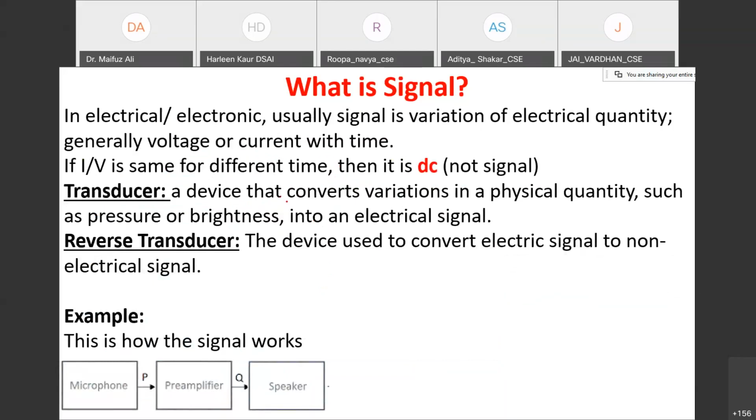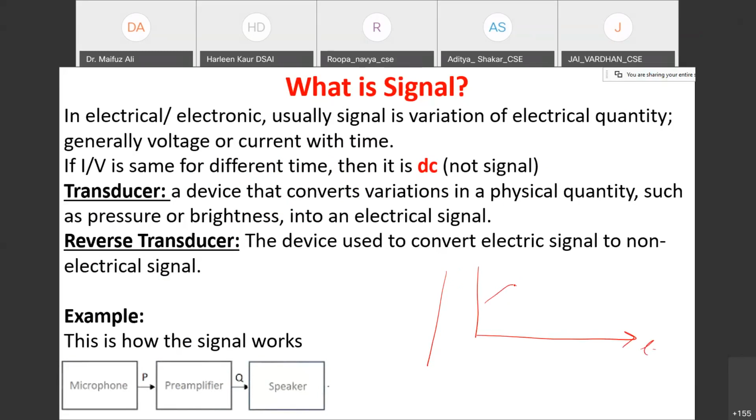What is a signal in electrical or electronics? Usually a signal is the variation of an electrical quantity, generally voltage or current, with time.